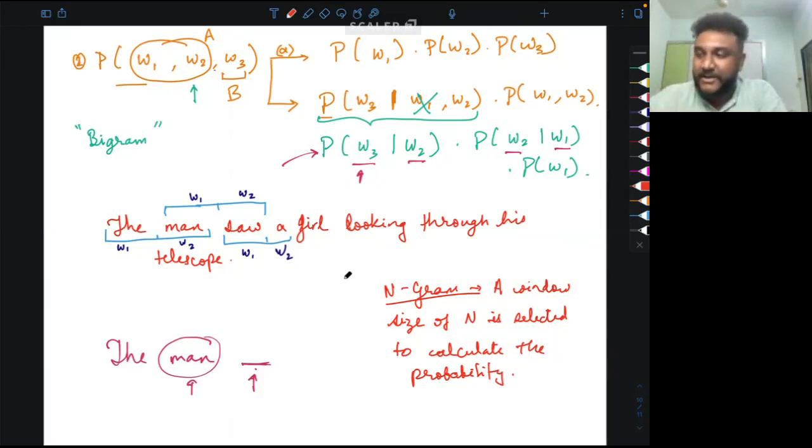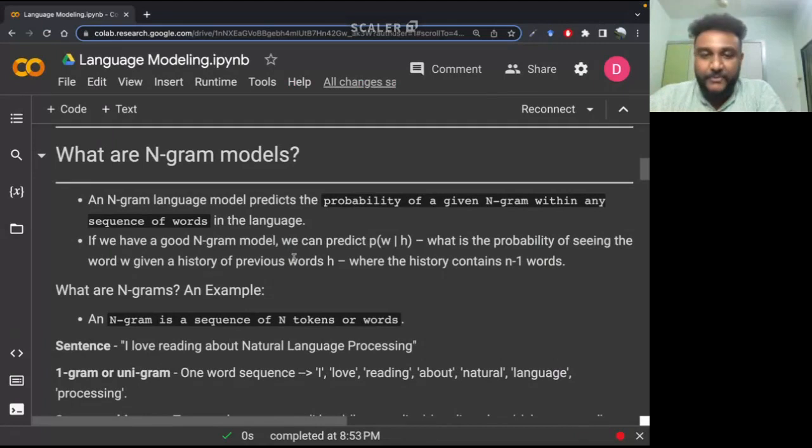Nobody really goes beyond 3 or 4. This is a little bit like your ARIMA or SARIMA with a look behind of 3 or 4. So we are already doing some kind of time series analysis over here. Okay. So moving on.